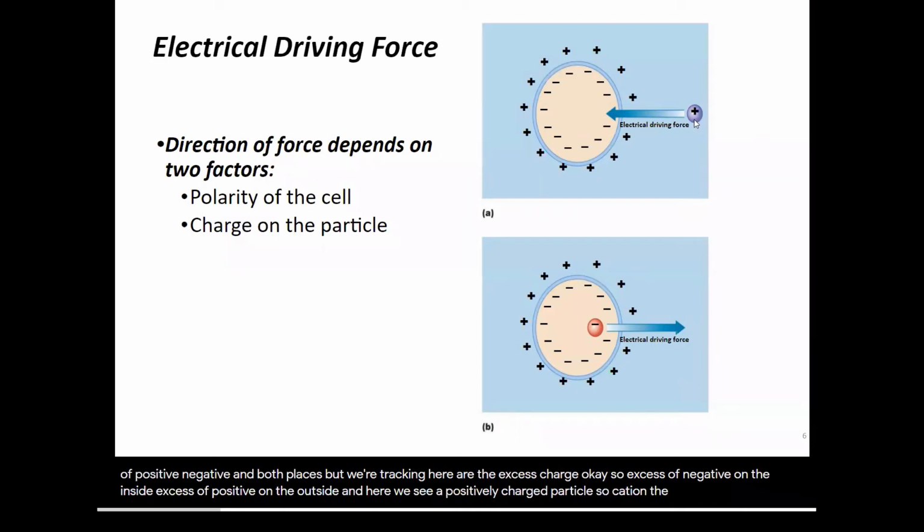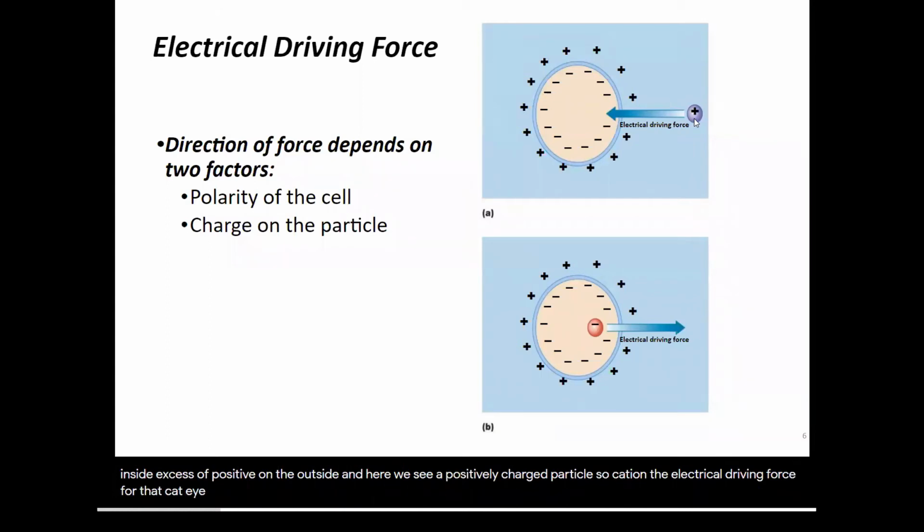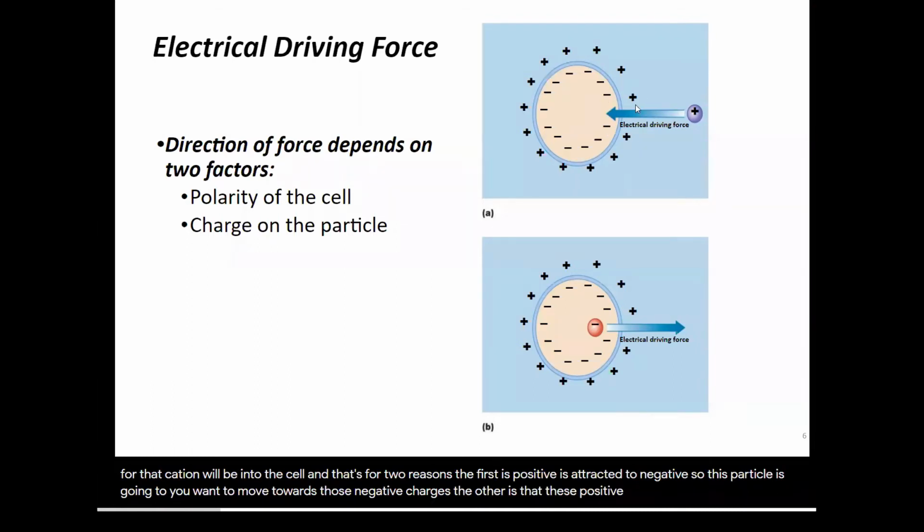The electrical driving force for that cation will be into the cell, and that's for two reasons. The first, this positive is attracted to negative. So this particle is going to want to move towards those negative charges. And the other is that these positive charges in the extracellular fluid are simultaneously repelling this positively charged cation.